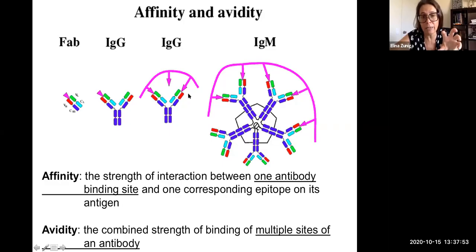And for IgM, the avidity is the combined strength of its 10 antigen binding sites, because it's produced in a pentameric form. So the avidity is the combined strength of binding of multiple sites of an antibody.